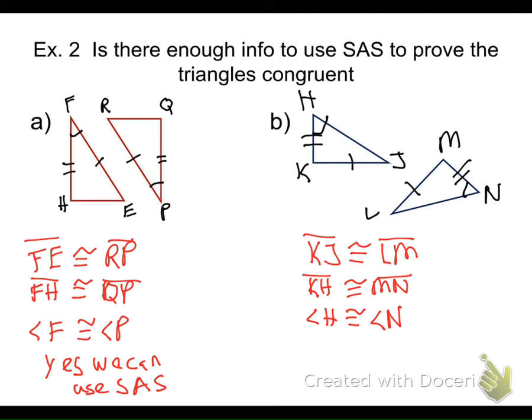So we see that this angle H is congruent to this angle N. Do we have enough information here to show that we can use SAS? So remember, we have two sides and an included angle. So is this angle included between those two sides? Nope. Over here, is that angle included between these two sides? No, so we cannot use it.